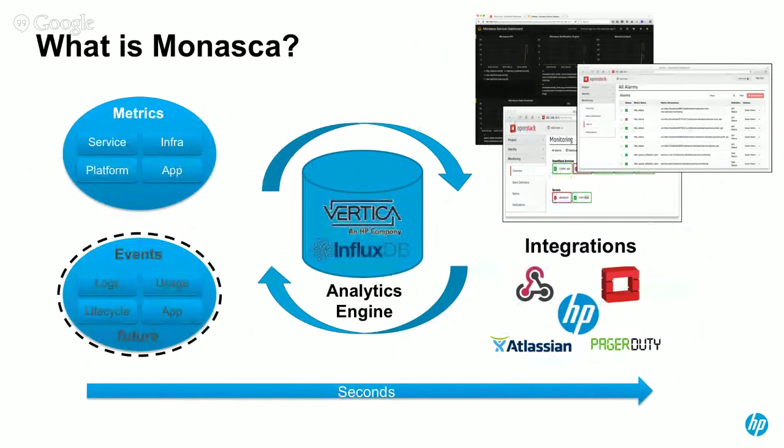So this piece on the bottom left says events, future. We currently have one, and I think the code's actually been pushed already. Generally, with Monasca, the first version was metrics only. The new components we're adding are events and logging, and there are several companies working on Monasca right now: HP, IBM, Fujitsu, Cisco, Rackspace.